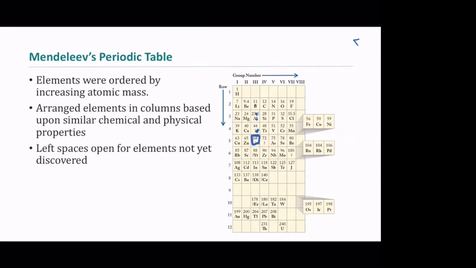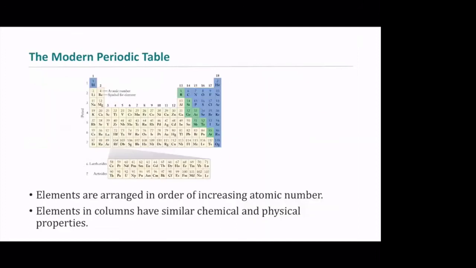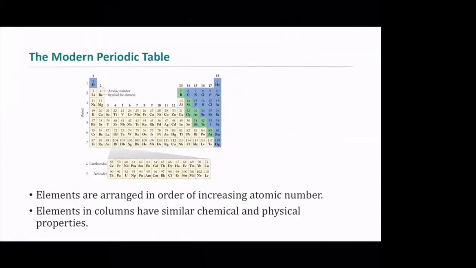And there are a couple of cases where you'll see a switch, and we have to look up here to find them. I can usually find one or two pretty quickly. There's one over here, right here, tellurium and iodine.